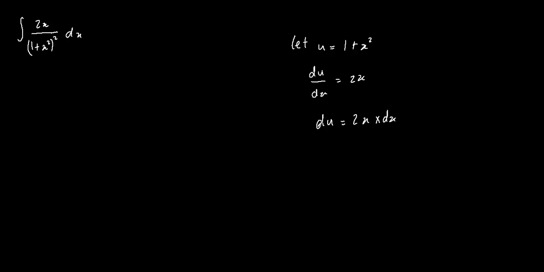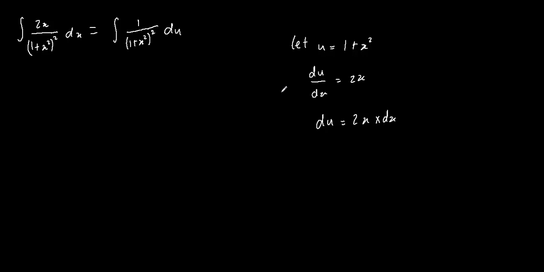So if I want to get a du, I have to have a 2x somewhere, and I need a dx somewhere, and they need to be multiplied. I have a 2x multiplied by dx over here, so I can replace those two with a du. So that just gets me the integral of 1 over 1 plus x squared du.